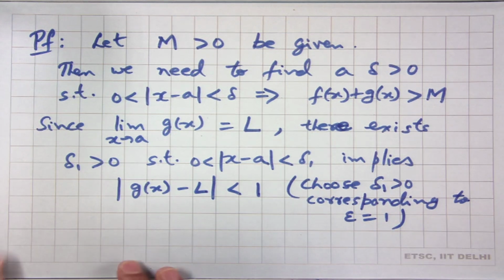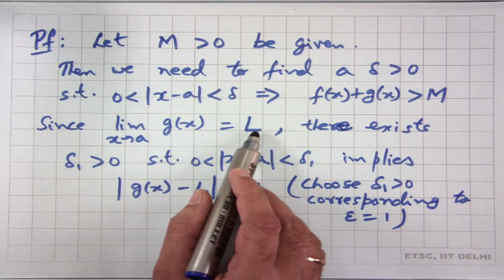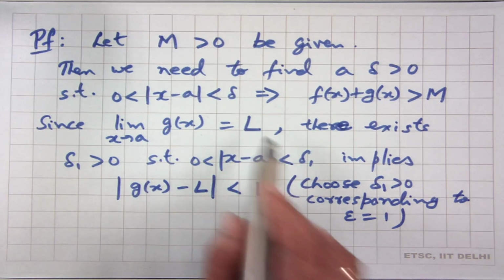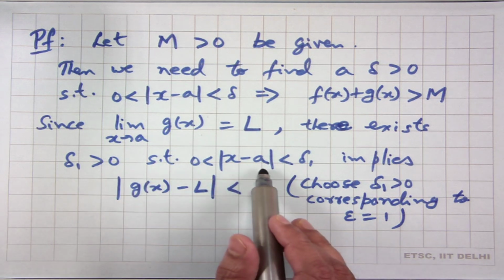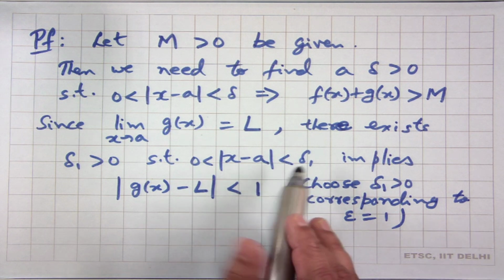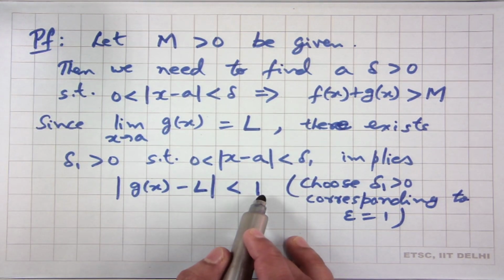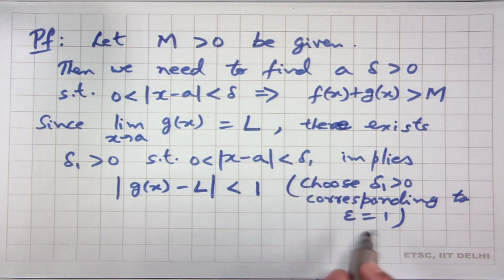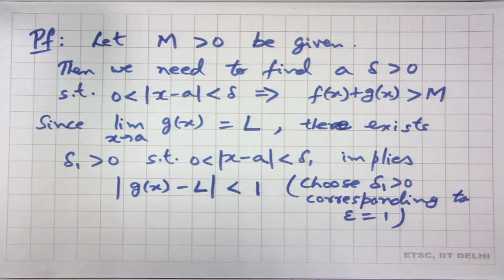What we know is that the limit of g of x as x goes to a is equal to L. If given any epsilon positive, I can find a delta such that whenever mod x minus a is less than delta and x not equal to a, then mod of g of x minus L should be less than epsilon. In particular I have chosen epsilon to be 1. So, mod g x minus L is less than 1.